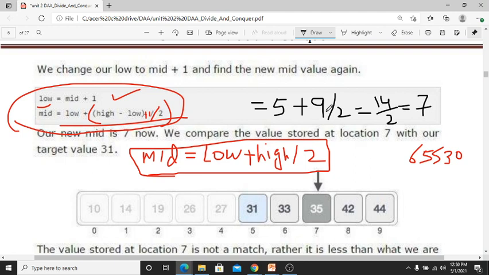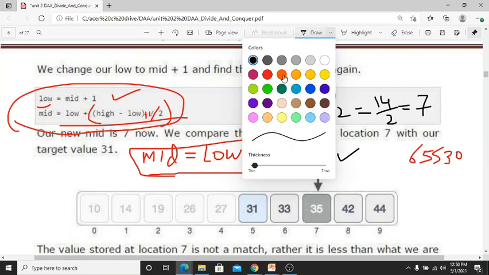In a simple way we will get this. So you can do it in this way also. Mid is equal to low plus high by 2. This will be the easy way to understand this concept. Remember this. Okay, fine.